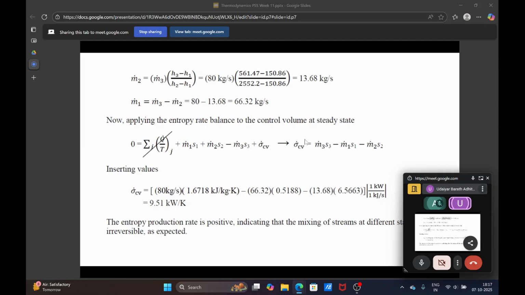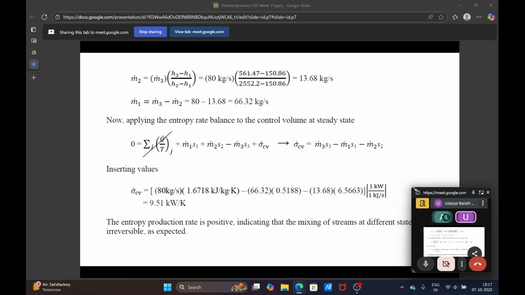We have found all three entropies of the three streams, and we know the masses. m dot 3 is 80, which is given, and m dot 1 and m dot 2 we have already found. Substituting the values, the entropy generated comes out to be 9.51 kilowatts per Kelvin.